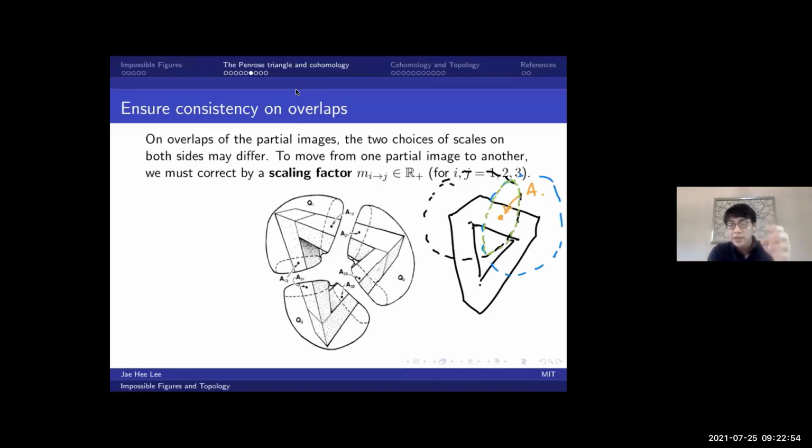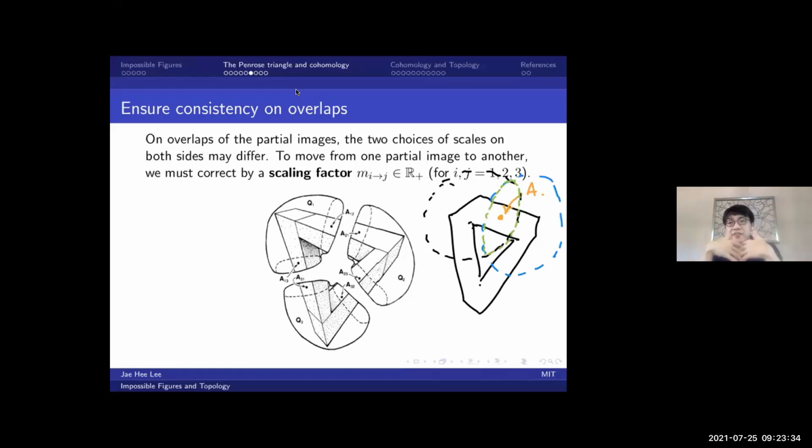Before you make any corrections, the distance of this point A in the original Penrose triangle from your eye may differ if you look at the first piece or the second piece, right? Because we've chosen arbitrary distances for each of the pieces. For three pieces, we have three objects, and we've made three choices of distances. So for this common point, you have two different choices for its distance from your eye, corresponding to the choice you made for the first piece and the choice you made for the second piece.